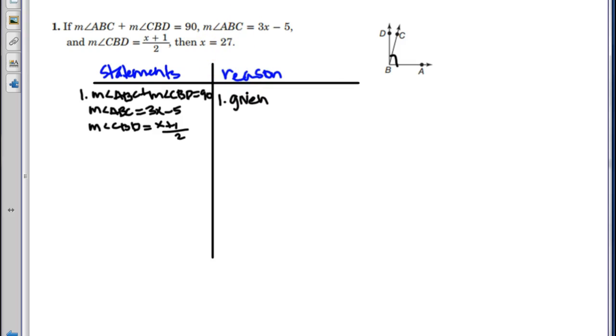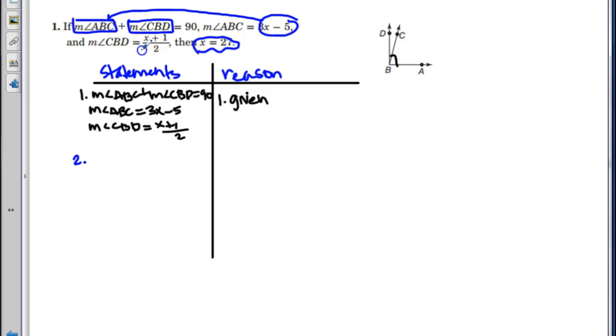The first thing we want to do is exactly what we talked about. Remember, our goal is to have an equation where we can solve for x. We know we need to set up an equation and solve for x, so let's do that. We're going to use the substitution method because they already gave us an equation, but instead of this notation about the angles, let's substitute in for the measure of angle ABC and the measure of angle CBD.